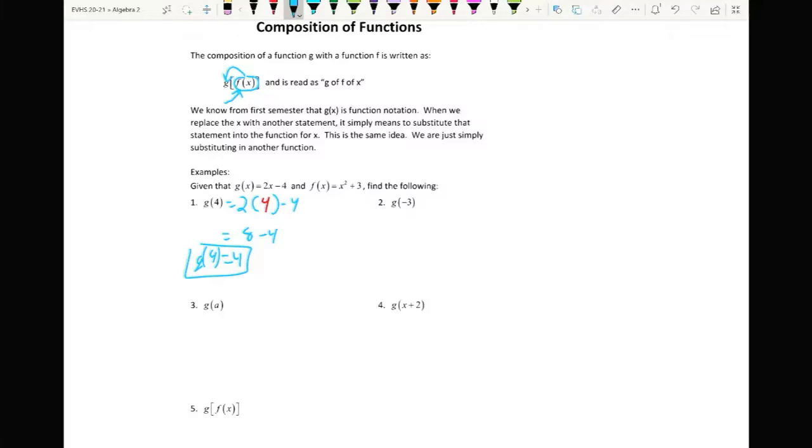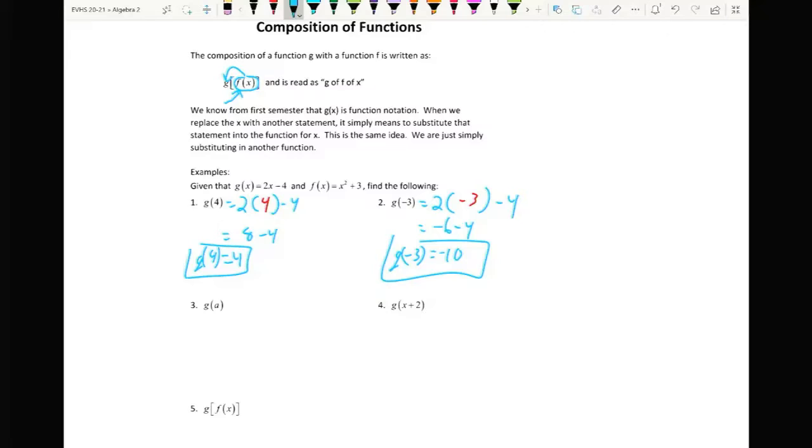Okay, so now let's do g of negative 3. Again, I'm going to do 2, replace the x with a negative 3, minus 4. 2 times negative 3 is negative 6 minus 4. So g of negative 3 is equal to negative 10.